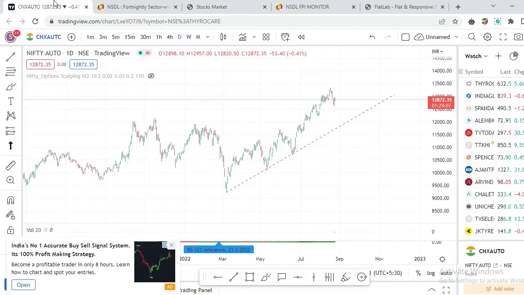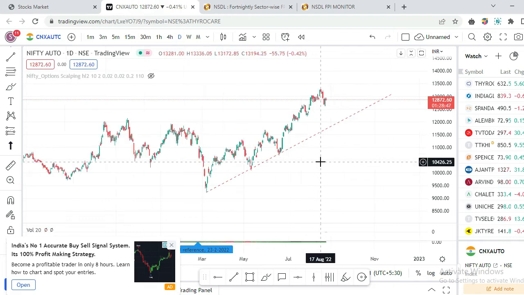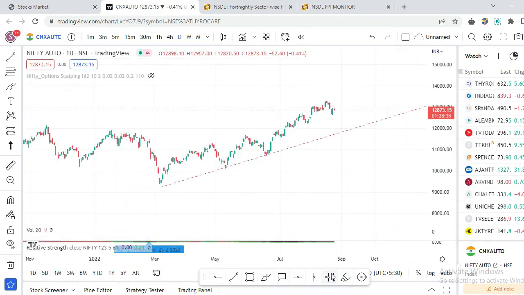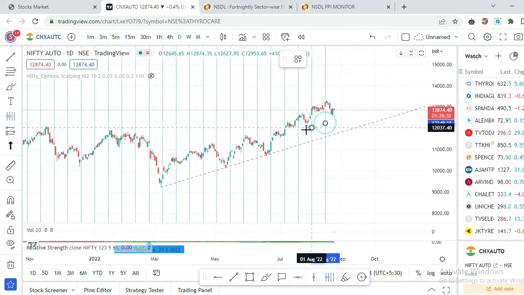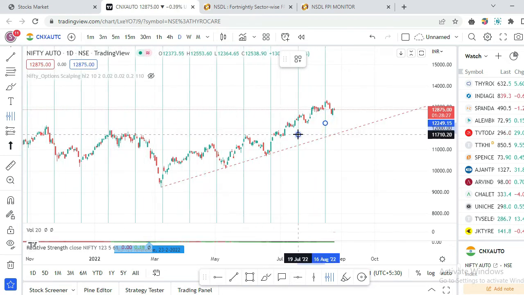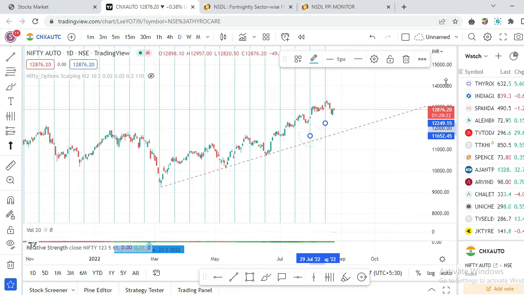If I go back to TradingView, here I have opened the chart for Nifty Auto, and I will correlate this data with it. From 15th June onward, they are pumping in the money. We'll go to the trading chart and see.